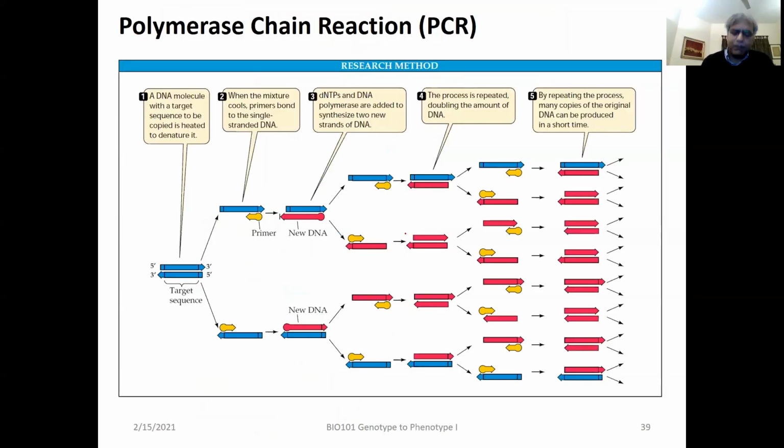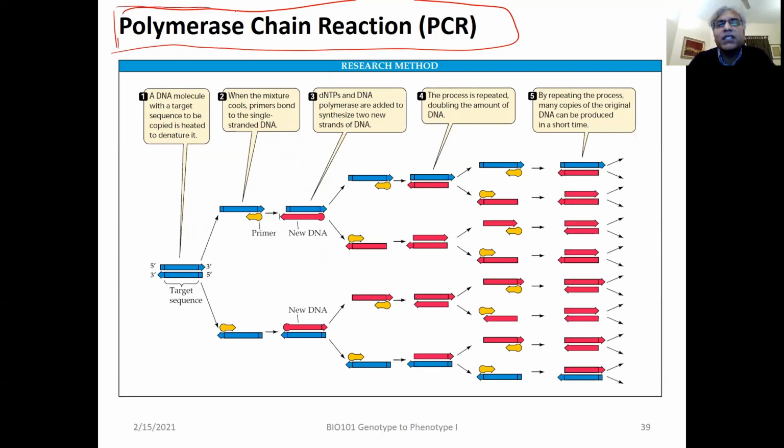We'll talk about polymerase chain reaction in our BIO100. Just read about what polymerase chain reaction is. PCR is basically the machine. In the last year you must have heard about PCR for COVID is positive, PCR for COVID is negative.